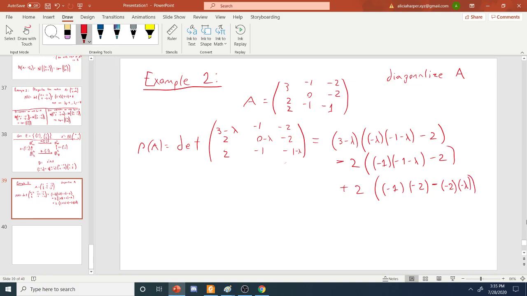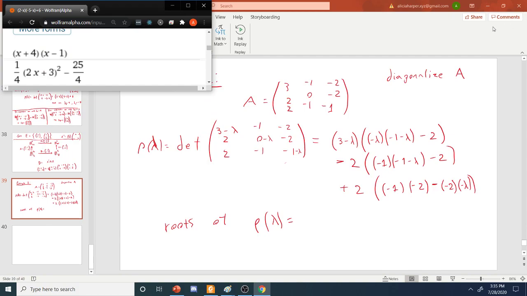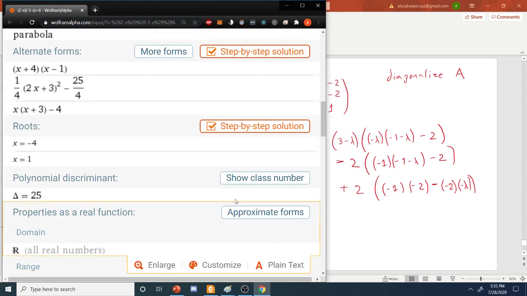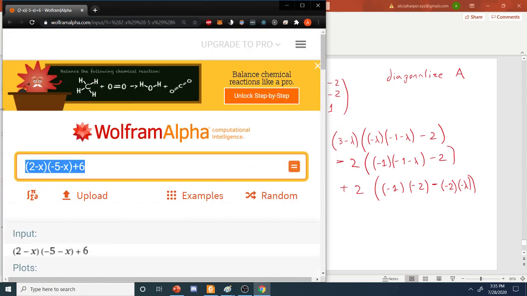So I want to find the roots of P of lambda. To do this, I'm going to cheat and use Wolfram Alpha, because otherwise I'm in for a long, tedious computation.